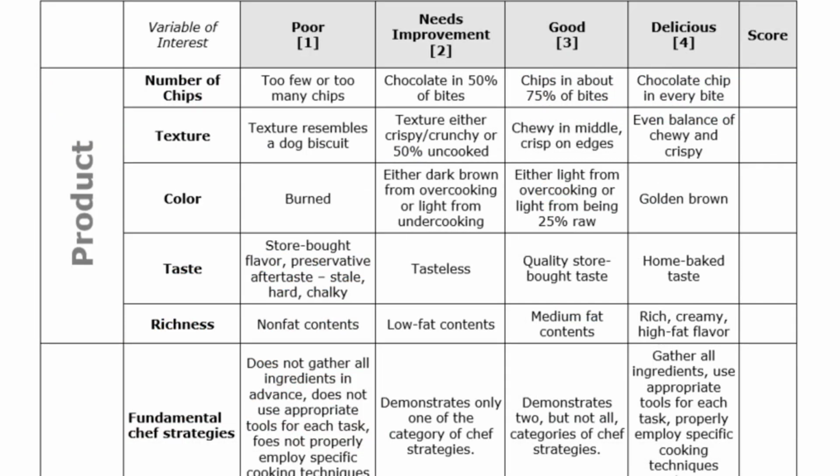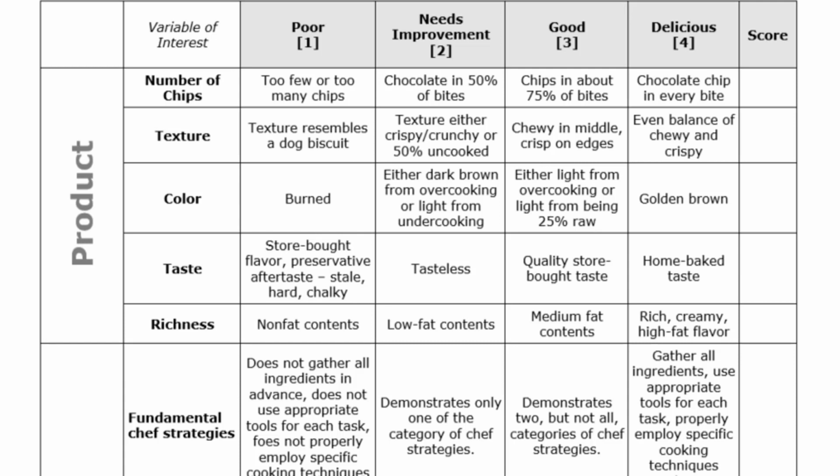And an analytic rubric is a lot more complex. This is a tool that you use to rate the level of proficiency for very specific characteristics of a complex performance. So in the case of creating a really good chocolate chip cookie, you have a number of what I call variables of interest related to the product.